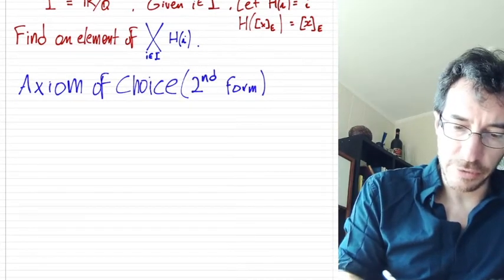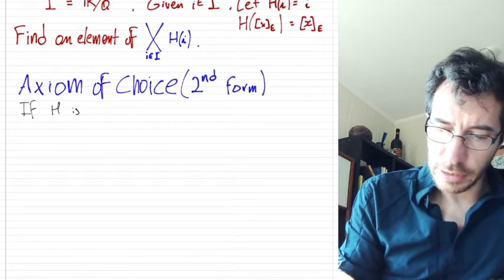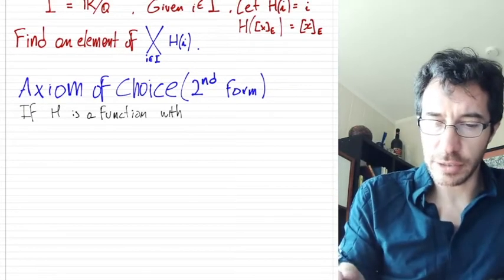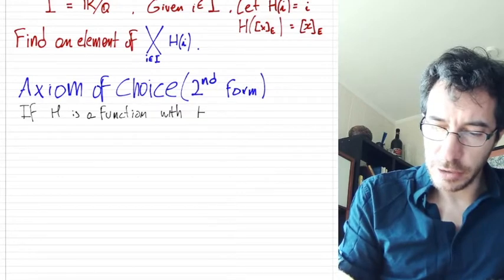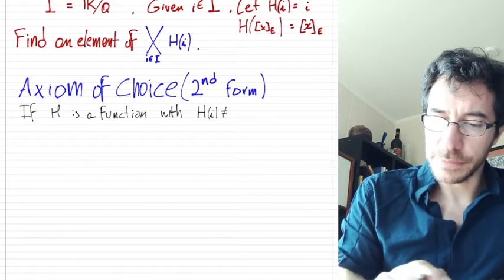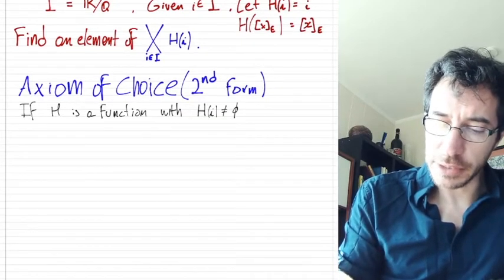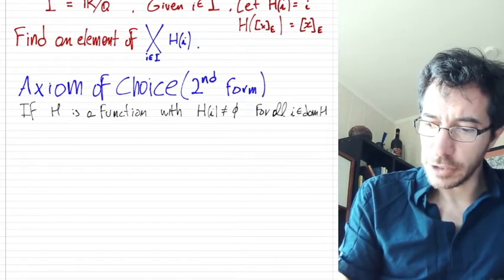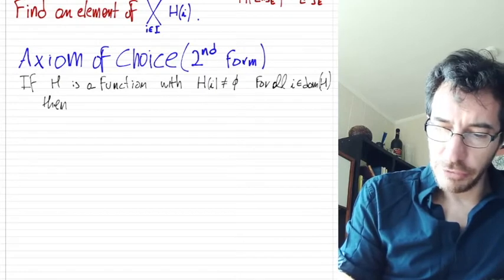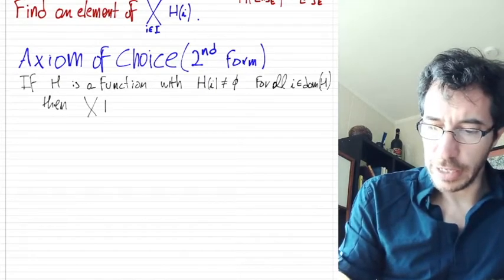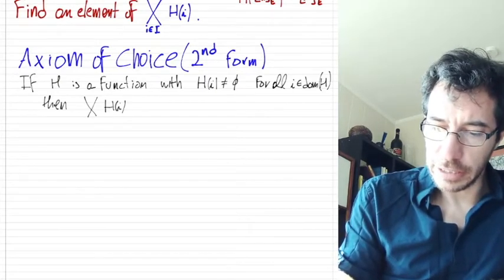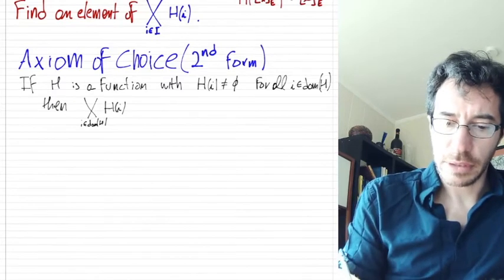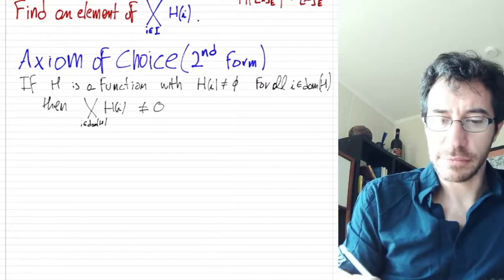And it says the following: if H is a function which maps I to a set of sets, with H of i different from the empty set for all i in the domain of H, then the infinite product of H_i for all i in the domain of H is non-empty.